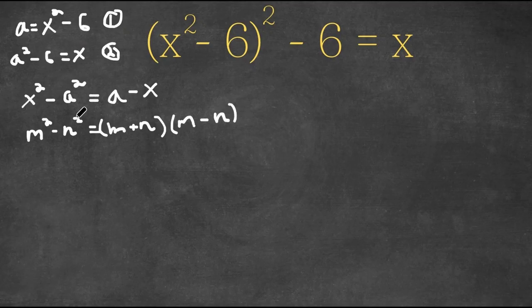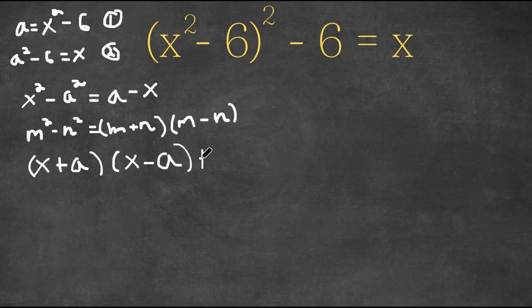Meaning x squared minus a squared is equal to x plus a times x minus a. And now if I add x on both sides, we would get plus x, and then if I subtract a on both sides, we would get minus a, and now because there's nothing left on our right hand side, we would simply have 0.